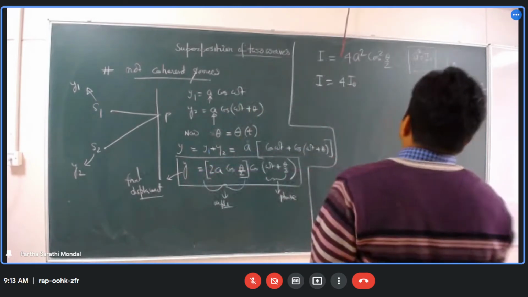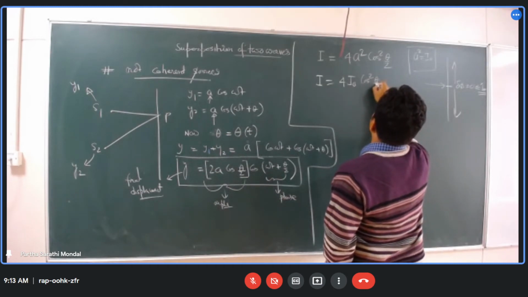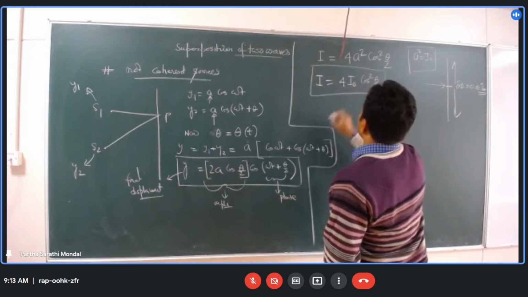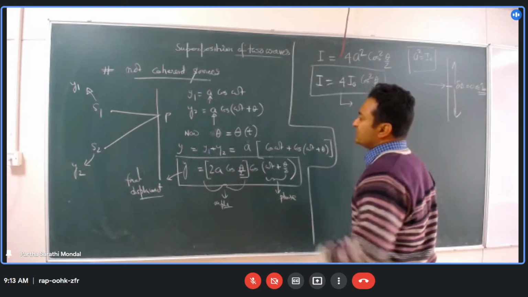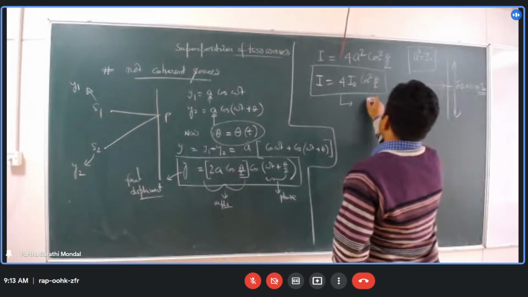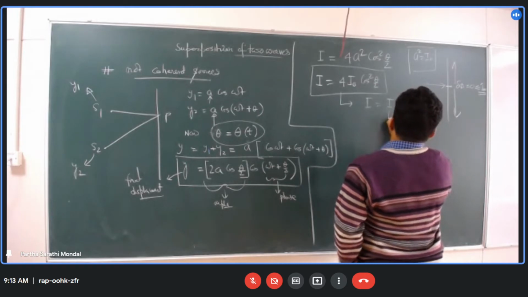So now this is cos square theta by 2. So this is your intensity. Since theta is a function of time, that means I is also a function of time. So it is dynamic.